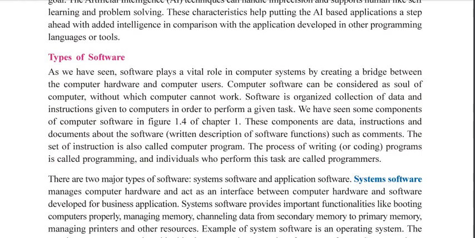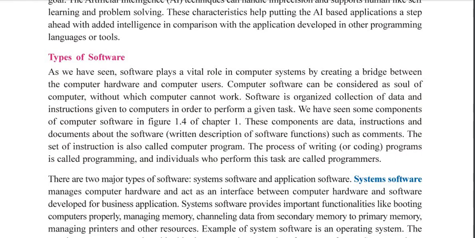Computer software can be considered the soul of a computer, without which the computer cannot work. Software is an organized collection of data and instructions given to a computer. So what is software? It is a set of instructions and a set of data given to a computer in order to perform a given task. We have seen some components of computer software in chapter 1.